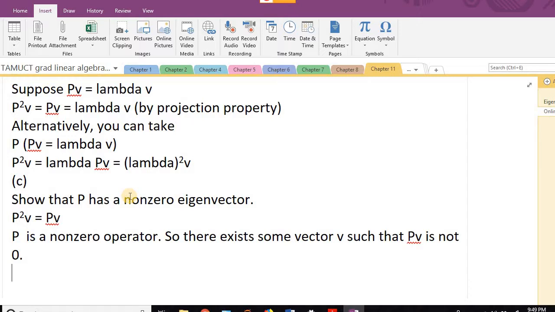It's true that P times 0 is 0, but that's beside the point. So the point now is to use this V to find an eigenvector.